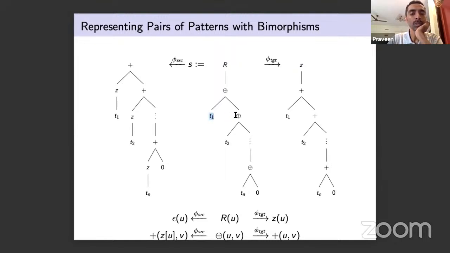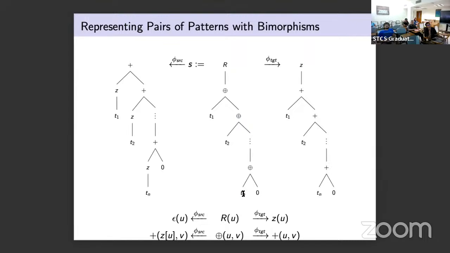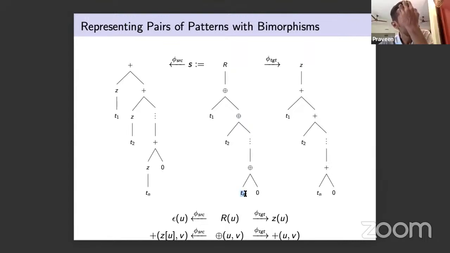Here I have 2, 1 and another child labeled by another O plus, and so on. Then finally you have this Tn, which is itself a tree, which could be an arbitrary tree. And then you have this 0, which is a letter of arity 0, so it is not allowed to have any more children. That's it. Roughly that is a tree, and a tree homomorphism is represented like this.